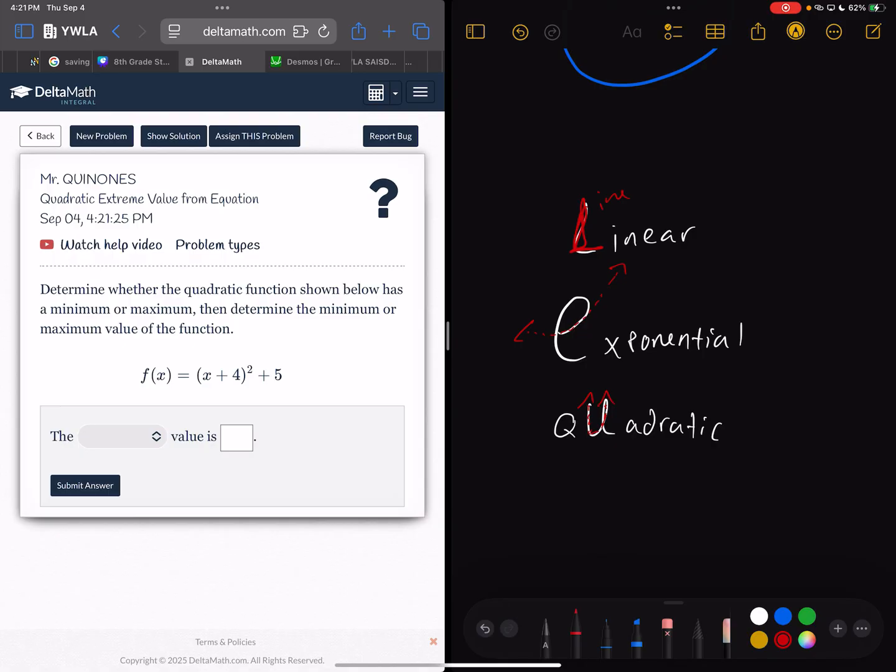Here we go. You were asked to find whether this function, this quadratic, has a minimum or maximum. Well, personally, I can tell you that it's going to be a minimum. We talked about this on Tuesday, right?